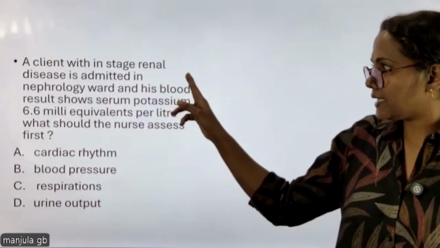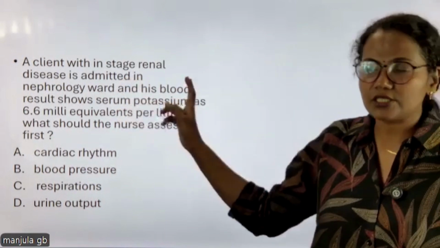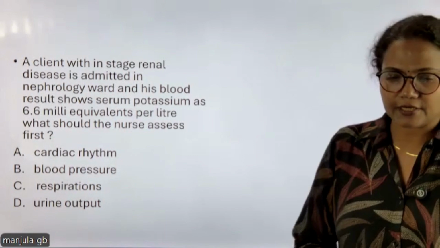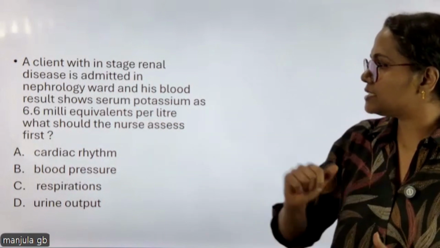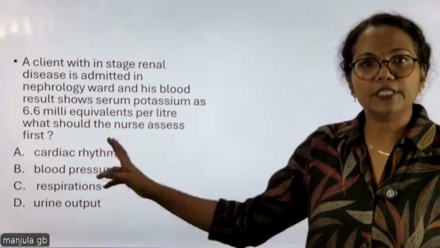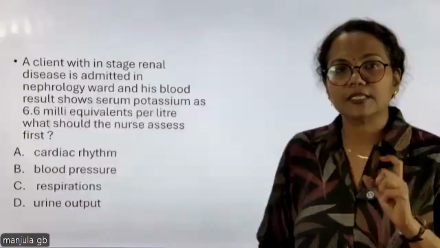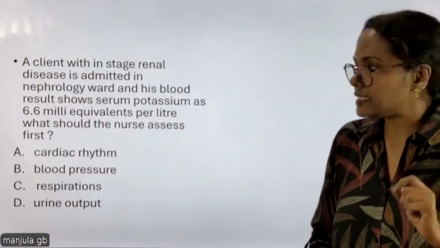Next question, a client with end stage renal disease is admitted in the nephrology ward and his serum potassium is 6.6 milliequivalents per liter. What should the nurse assess first? So you know that the potassium level is 6.6, that means hyperkalemia. So in that case, what should the nurse assess first?